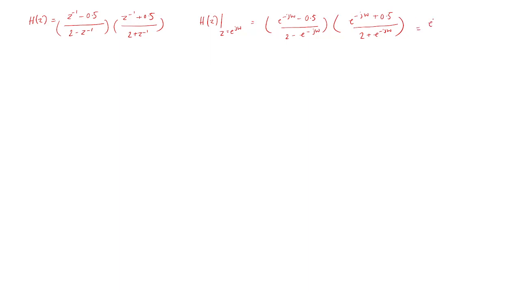This we can write as (e to the power minus j 2 omega minus 0.25) divided by (4 minus e to the power minus j 2 omega).